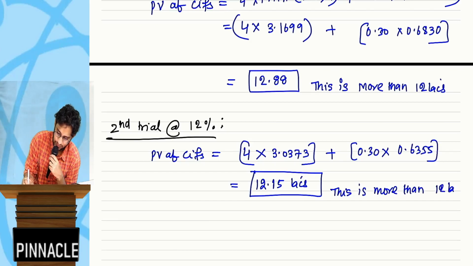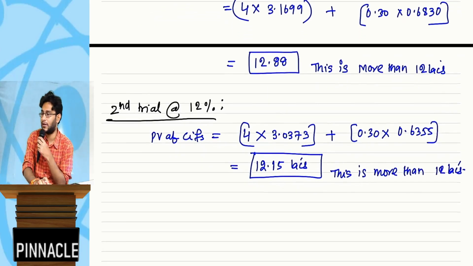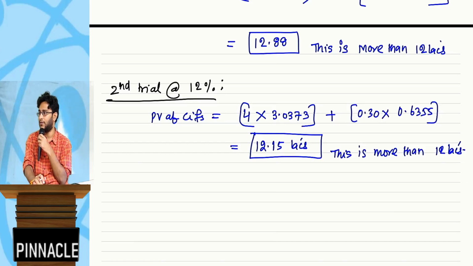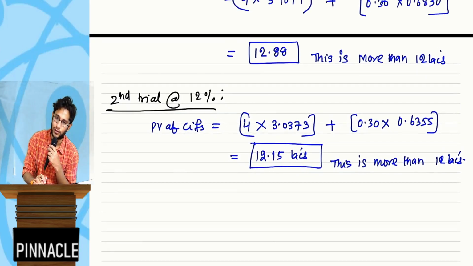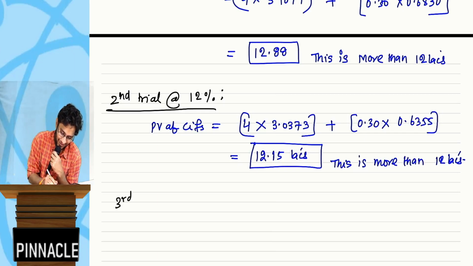More than 12 lakhs, so you must try at an even higher rate. We tried 12, sir. 13 also is a risk we don't take. Directly 14 you go. Third trial at 14%.